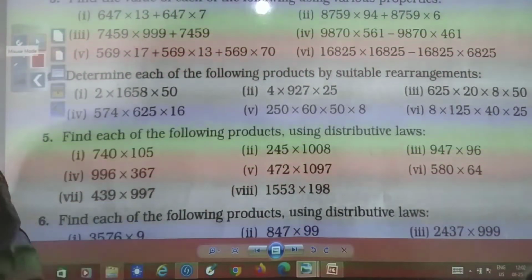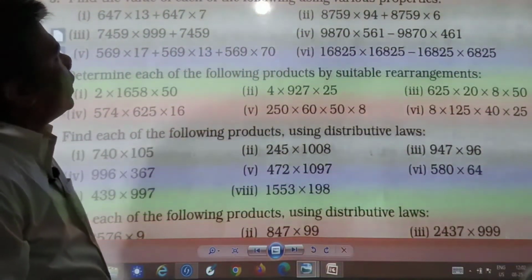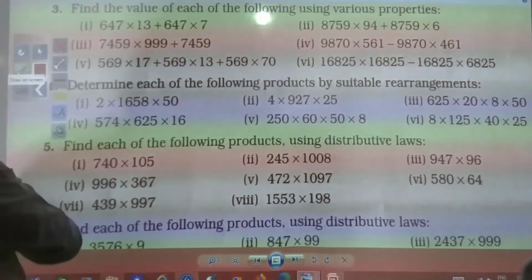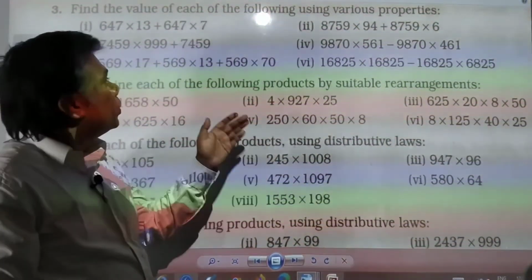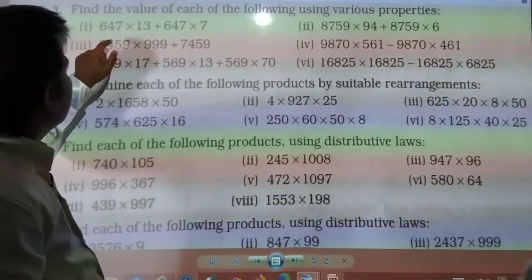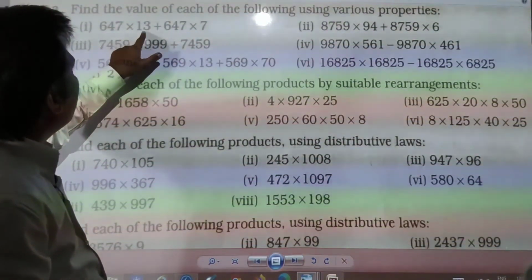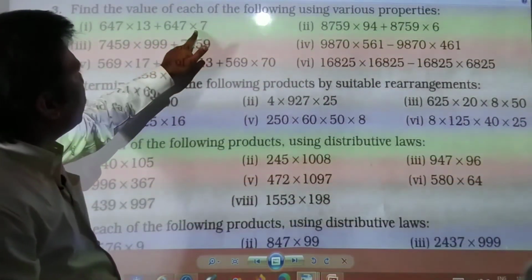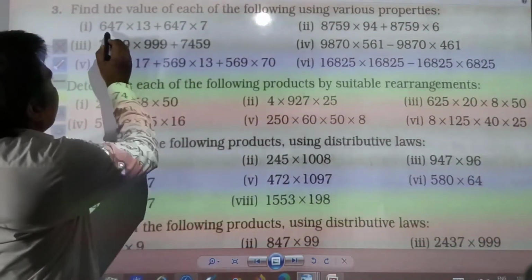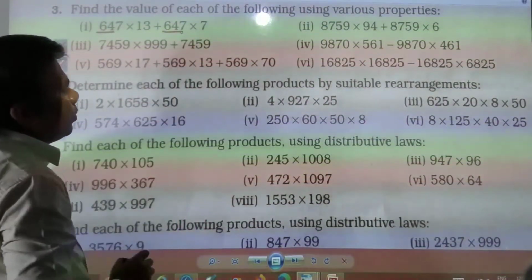Next you have find value of each of the following using various properties. This value is required to be found out by using various properties. 647 into 13 plus 647 into 7. So what can be done? Here you see common, you have 647.